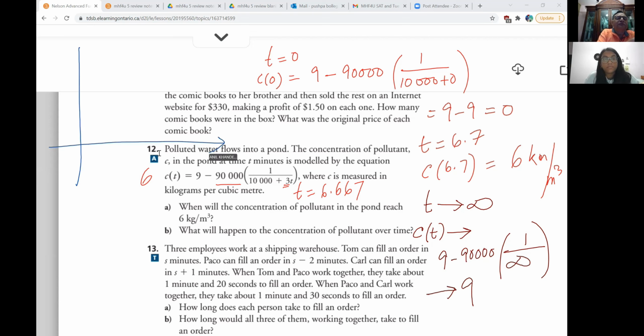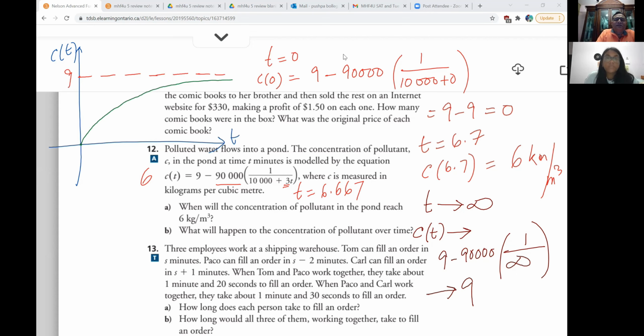We have the pollution C with respect to time, and this is time for us. Initially, there is no pollution according to this equation. However, it is increasing and it is going to approach a value which is 9. So 9 is going to be our horizontal asymptote. You get the idea.